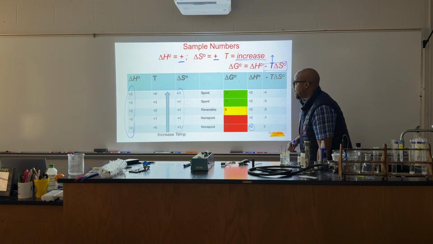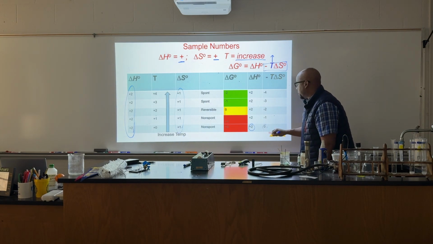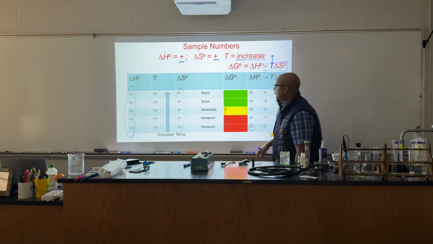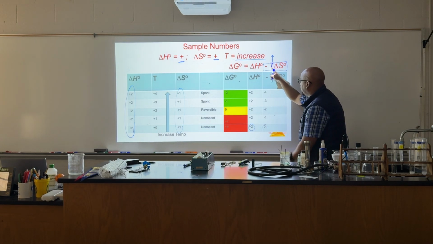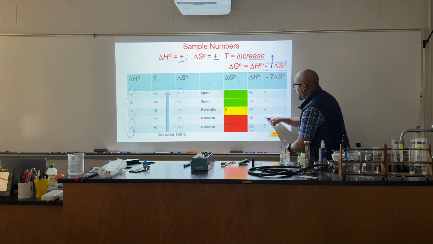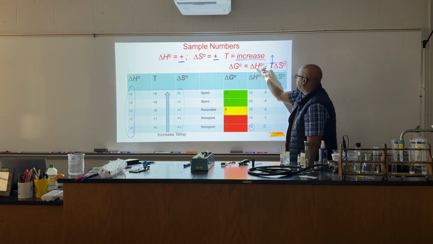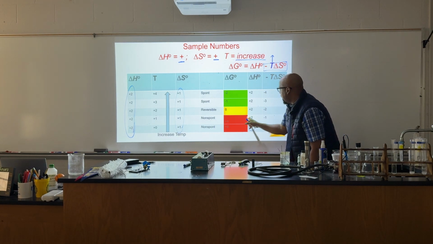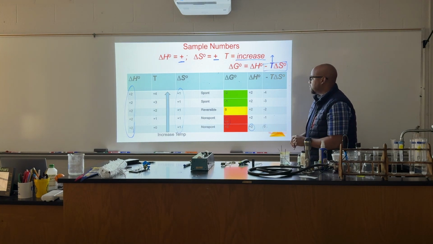So if I take 1 times 0, I get 0 here. If I take 1 times 1, with the negative sitting right there, I get a negative 1. And when I add these two things together, because that's all we're doing is adding these two components together, I end up with a net value of +1, non-spontaneous.